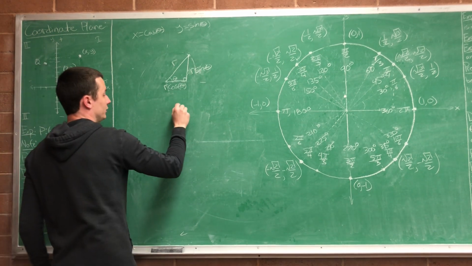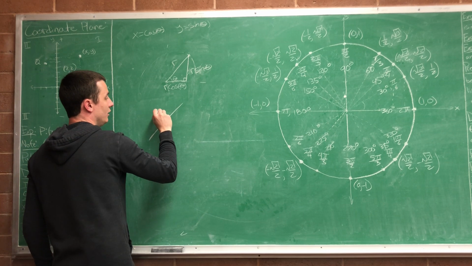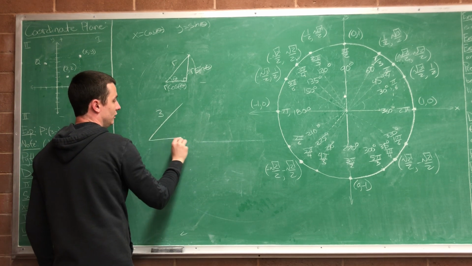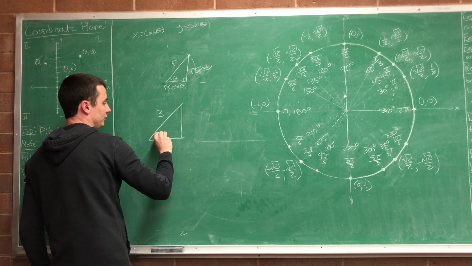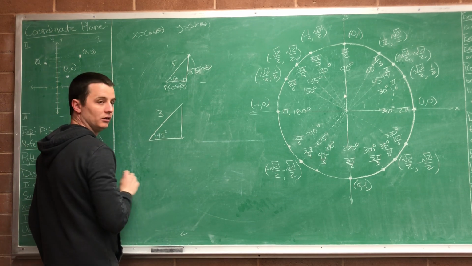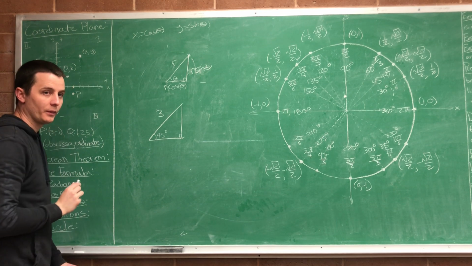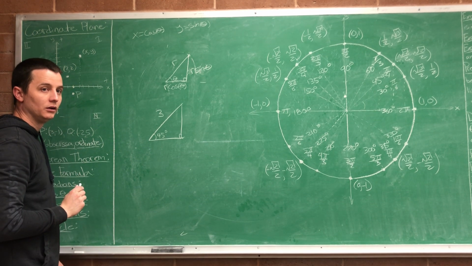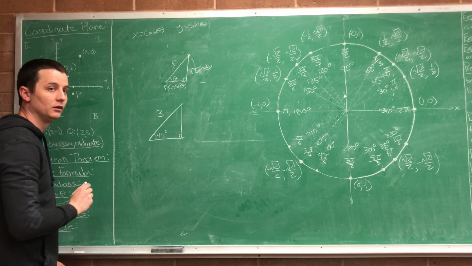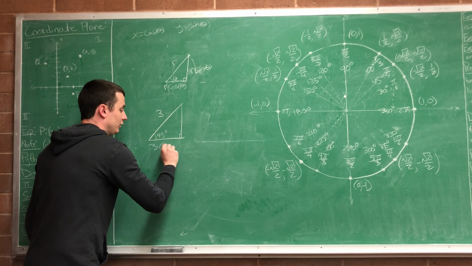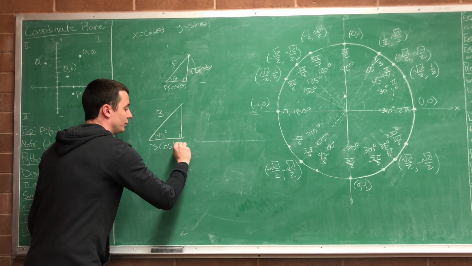Let's try an example really quick. I'm going to give you a triangle. This right here is 3, and I tell you that this angle right here is 45 degrees, and that's a right angle. How big is this side? 3 cosine of 45 degrees, but you know the cosine of 45 degrees.